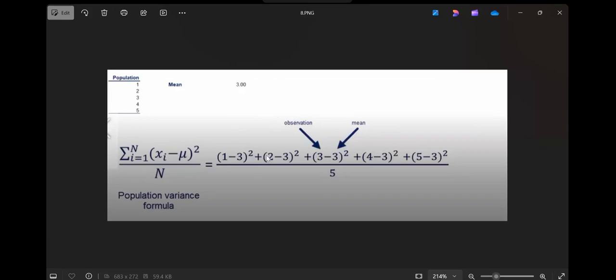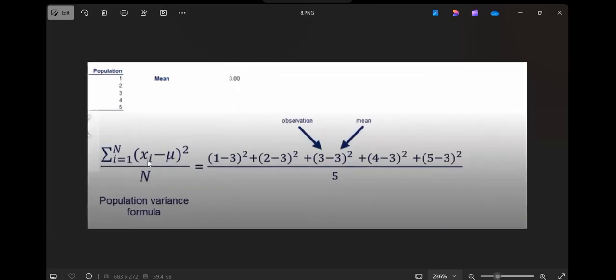Now listen to this formula: Xi minus mu. What is mu? 3. What is Xi? X1, X2, X3. So I can write 1 minus 3 whole square plus 2 minus 3 whole square plus 3 minus 3 whole square plus 4 minus 3 whole square plus 5 minus 3 whole square, divided by the number of observations.